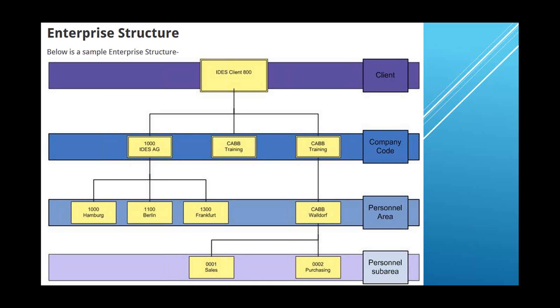Whereas the other people who work in factory settings will have a rotating shift, and they will have a different personal sub area tagged to them and a different payroll area tagged to them as well. So you differentiate employees based on that also. So this is another important aspect of the enterprise structure.